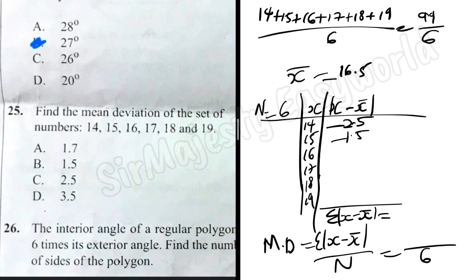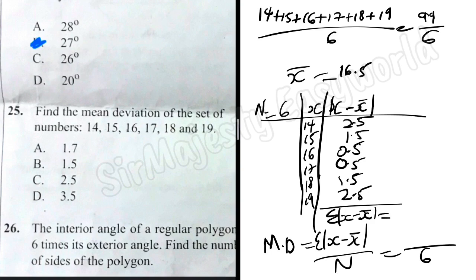So let's forget about the negative sign. We're going to leave it at 2.5. 16 minus 16.5 is 0.5. 17 minus 16.5 is 0.5. 18 minus 16.5 is 1.5. 19 minus 16.5 is 2.5.